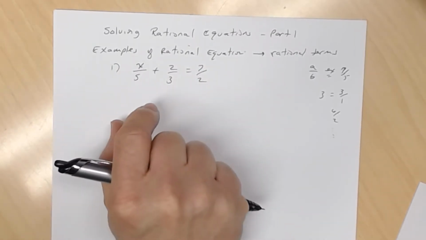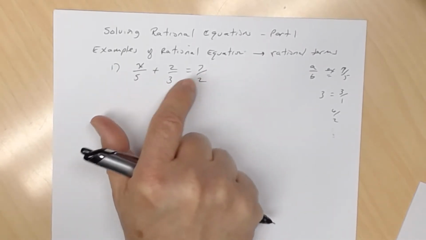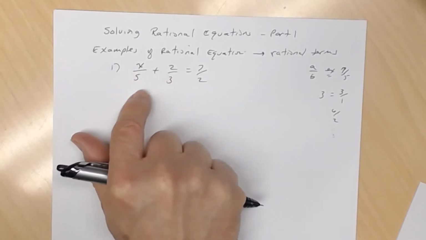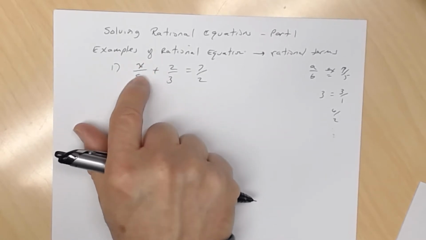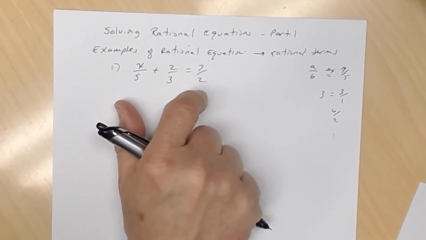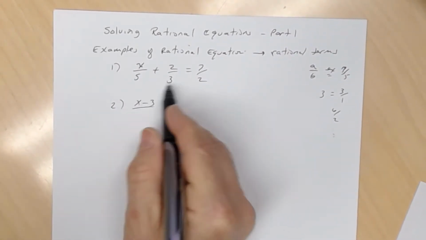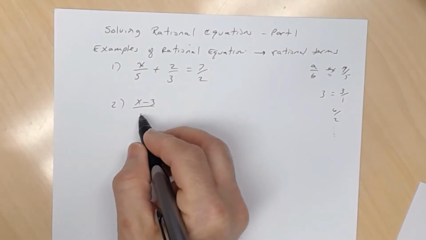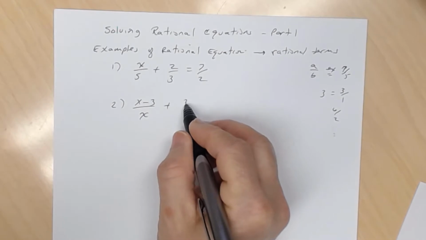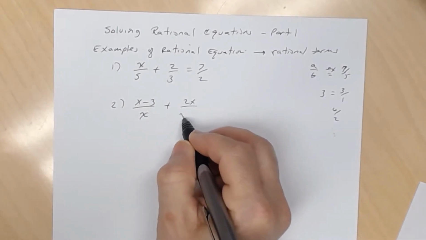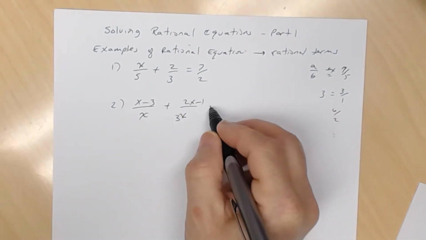Now, there's a more specific definition of rational equation, but I'm making this more general. So just for right now, just look at this and see that I have a fraction, I have a fraction, I have a fraction, and it didn't have to even look like these. For example, I could have had, let's say, x down here plus 2x divided by 3, well, let's say (2x minus 1) divided by 3x equals 6.